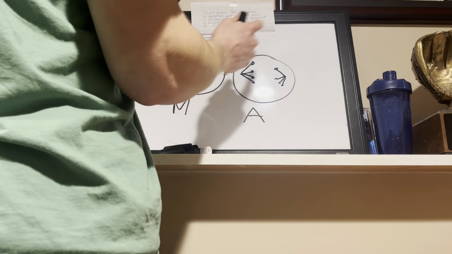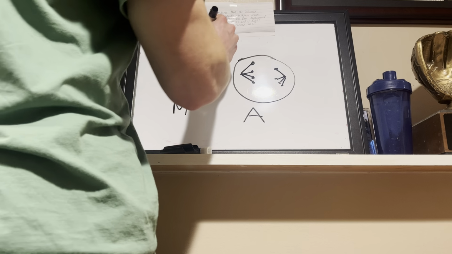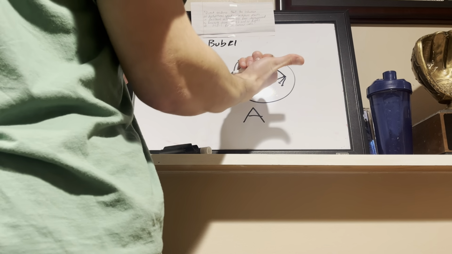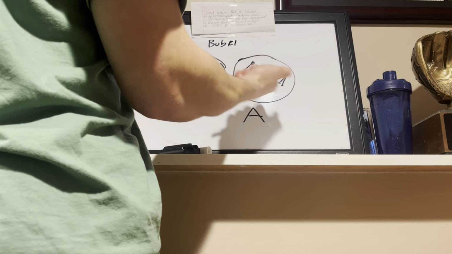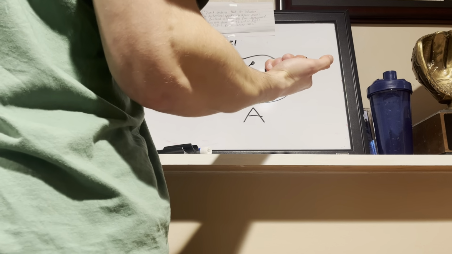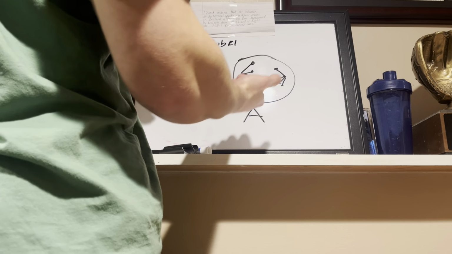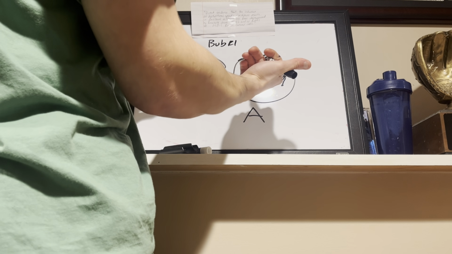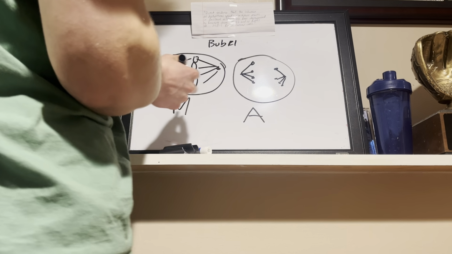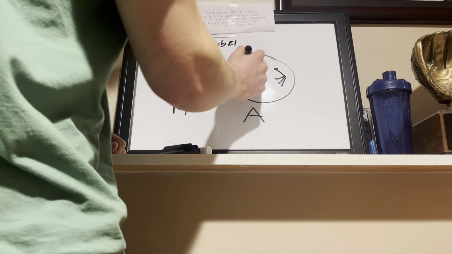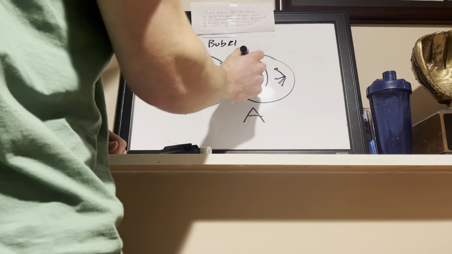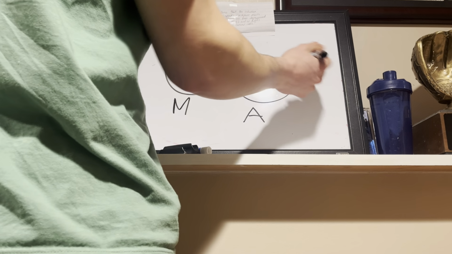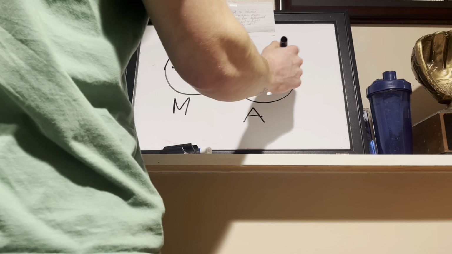Now, what would happen if, let's say, BubR1 was knocked out? This process of pulling the chromosomes apart could potentially happen prematurely or happen incorrectly. And what would that mean? Well, as I said earlier, each cell should get one chromosome. And maybe in this case, when BubR1 isn't there, maybe the left side right here has 2 copies of chromosome 1 and this cell doesn't get any chromosome 1, or this group of spindle fibers doesn't have chromosome 1.